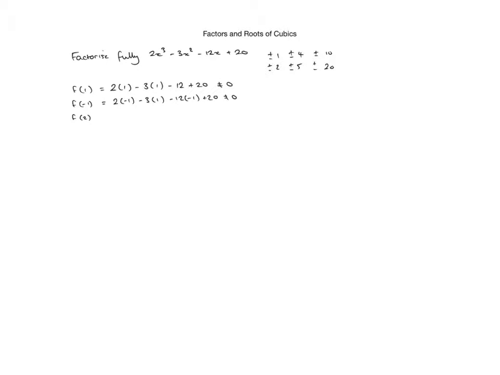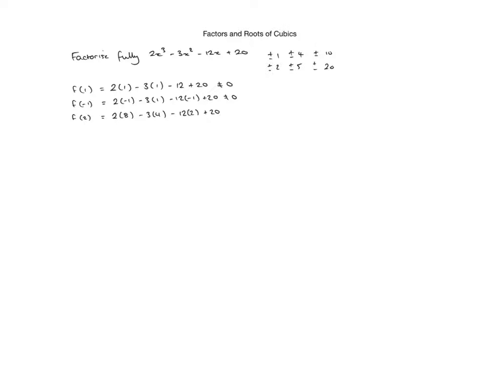So f of 2 is equal to 2 by 2 cubed, which is 8, minus 3 by 2 squared, which is 4, minus 12 by 2, plus 20. And let's have a look. So we've got 16. 16 minus 12 is 4. 4 minus 24 is minus 20.